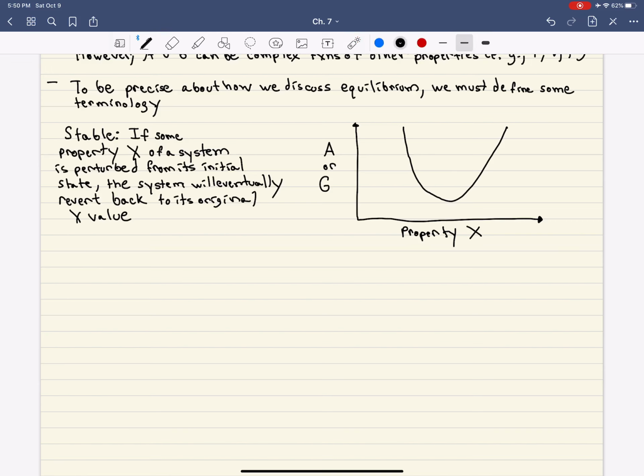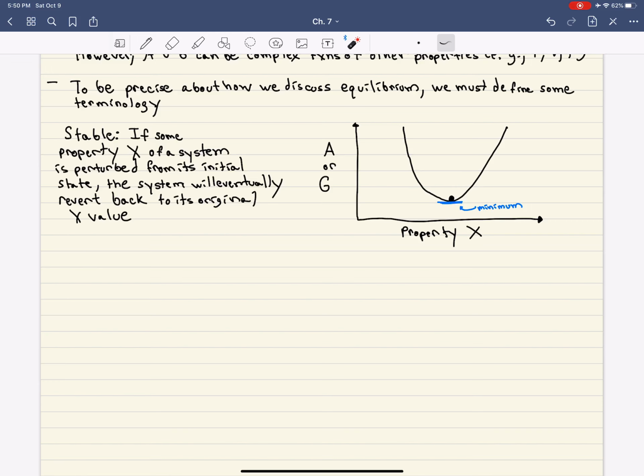And so, let's say our system had an x value such that its Gibbs energy was right at that minimum. In fact, you can imagine that the system is like a little ball here. Alright, and so let's say the system initially has a value of x such that the Gibbs energy is at that minimum.